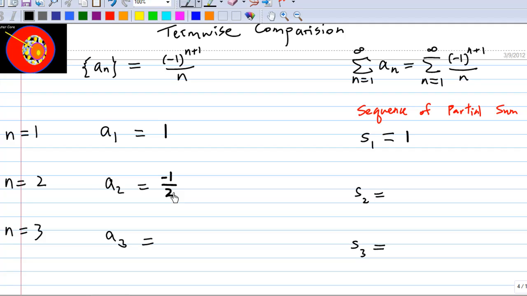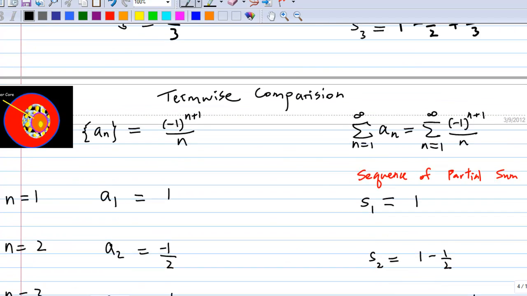But then the partial sum of the first two terms will be 1 minus half. For n equal to 3, the term becomes 1 over 3, and then the partial sum becomes 1 minus half plus 1/3.